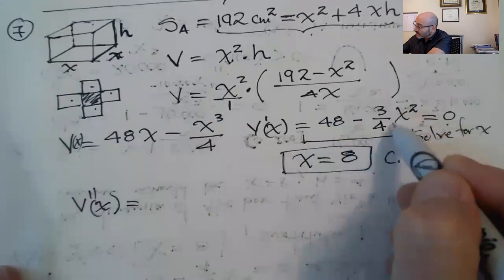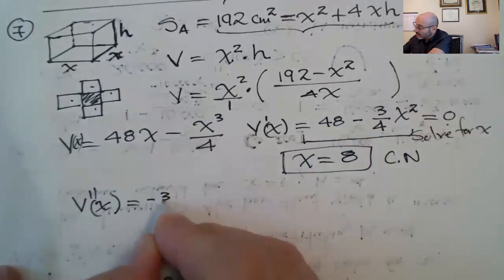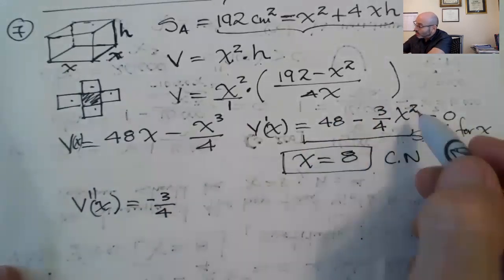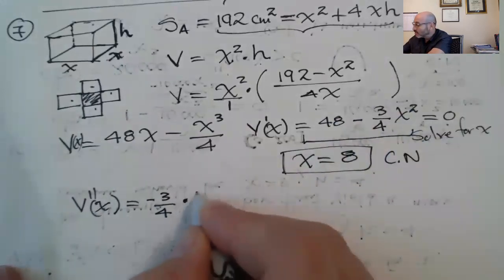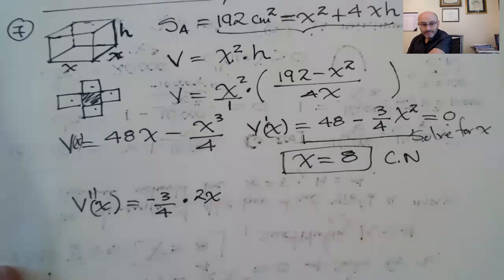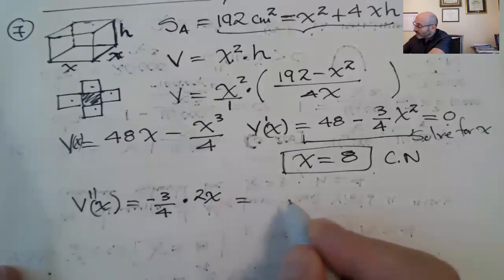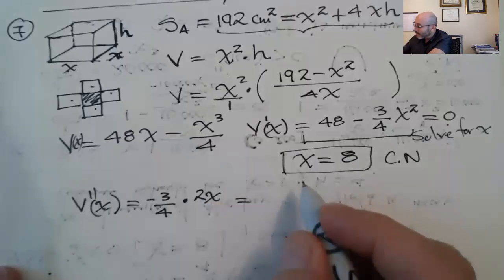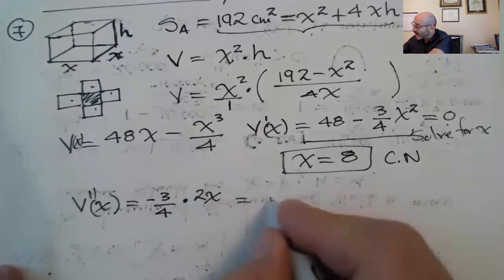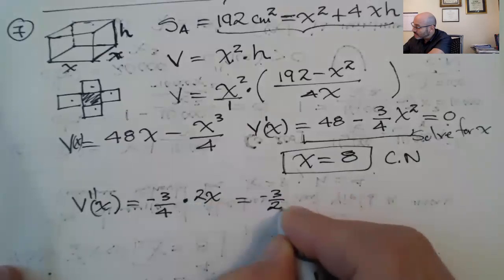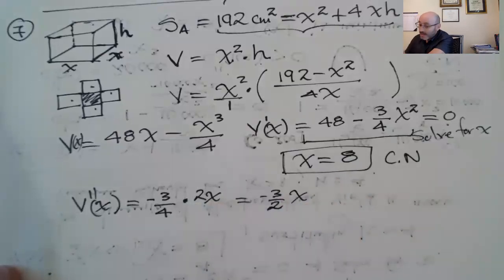This is a constant, so I'm going to keep it. And I multiply that times the derivative of x squared, which is 2x. So the second derivative reduces to what? 2 over 4 is 1/2, so negative 3/2 of x.